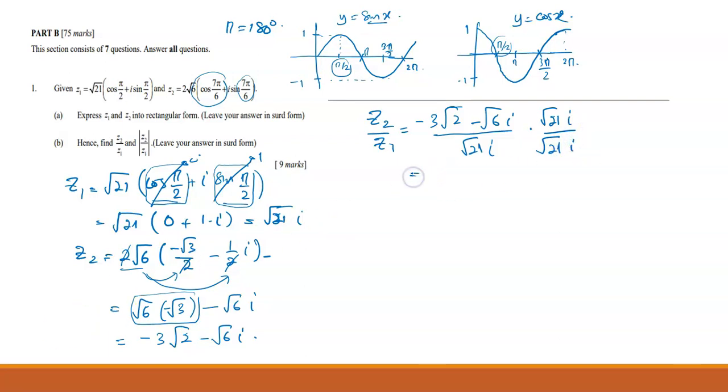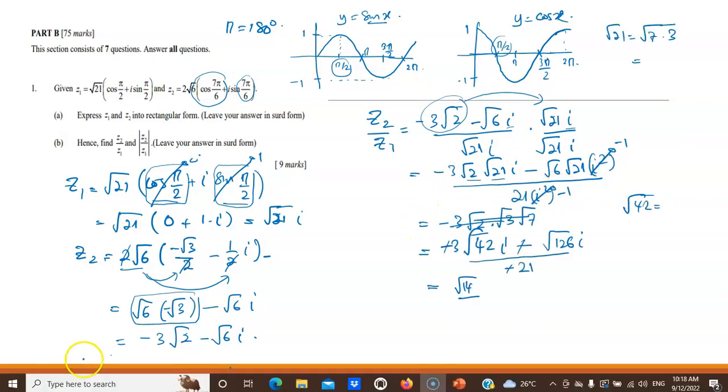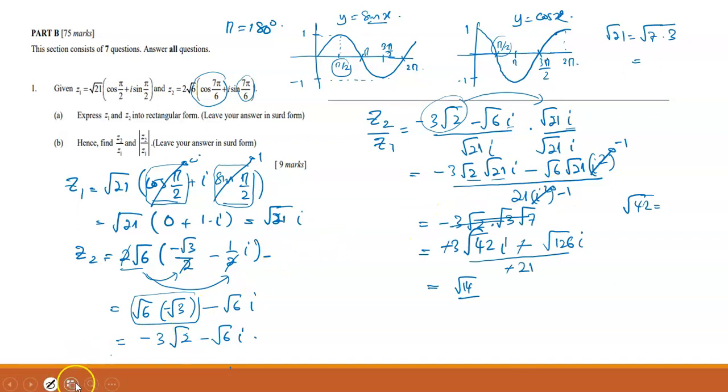So the first one here multiplied with this, negative 3 square root of 2 square root of 21i, and then minus square root of 6 square root of 21i multiplied with i, which will give you i squared, divided by 21i squared.